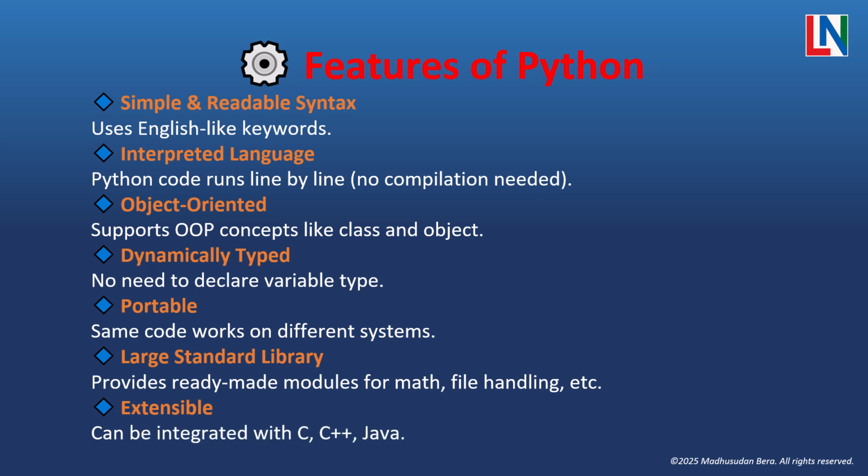Dynamically typed: no need to declare variable type. Portable: same code works on different systems. Large standard library provides ready-made modules for math, file handling, etc. Extensible: can be integrated with C, C++, Java.